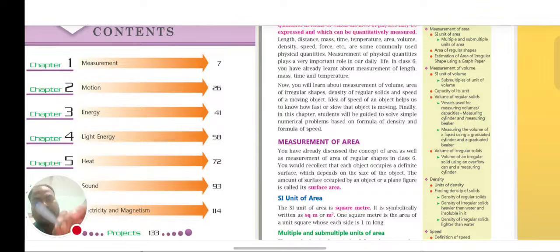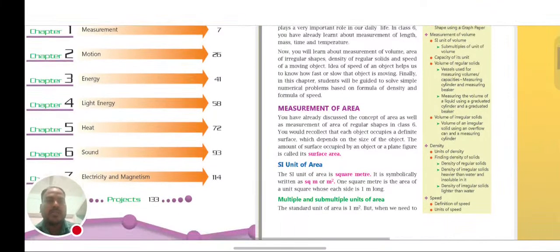Because the pen is occupying area on the surface of the table. So what is the SI unit of area? It is meter square, or we can write centimeter square.